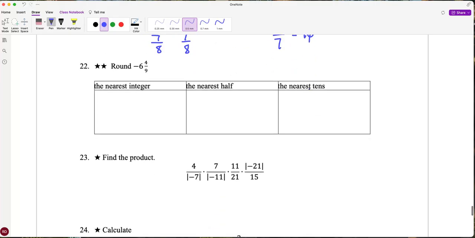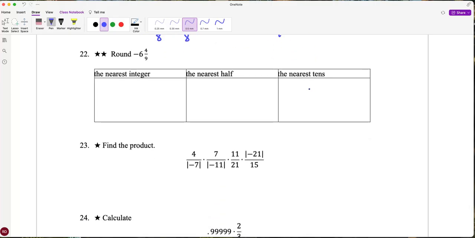Round this to the nearest integer. So on a number line, you've got -6, 1, 2, 3, 4, 5, 6, 7, 8, 9. Here's -7, 1, 2, 3, 4. Here's -6 and 4/9. The closest integer is -6.